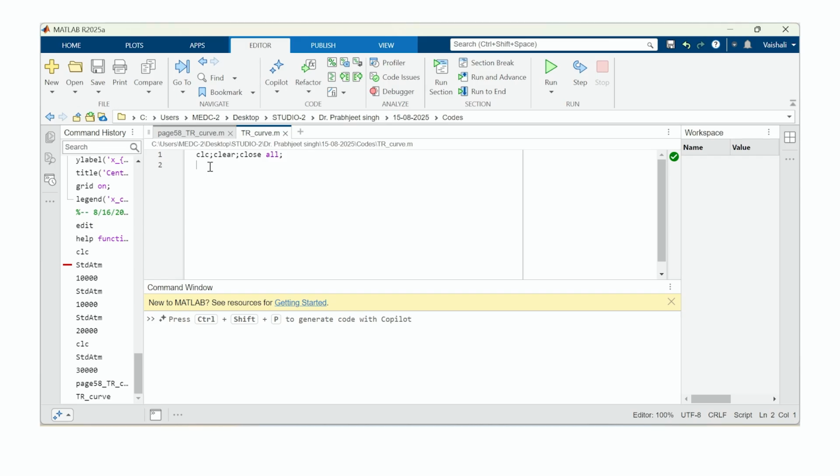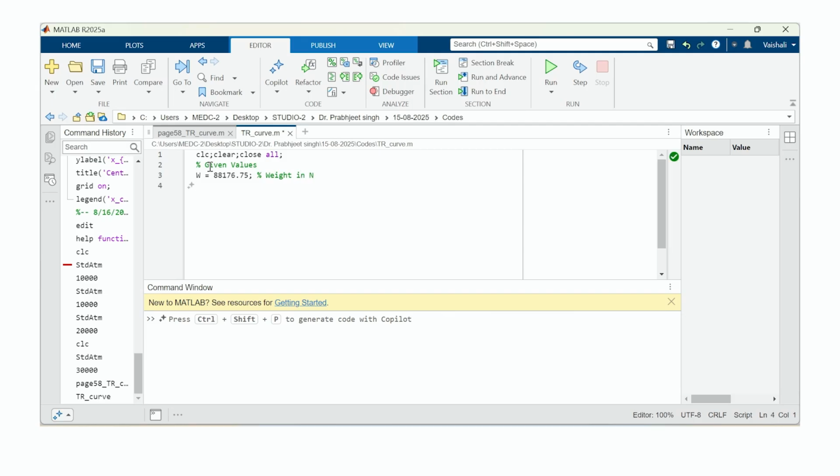Now let me write the given values first. So here weight equals 88,176.75. Okay, this is the weight in newtons.